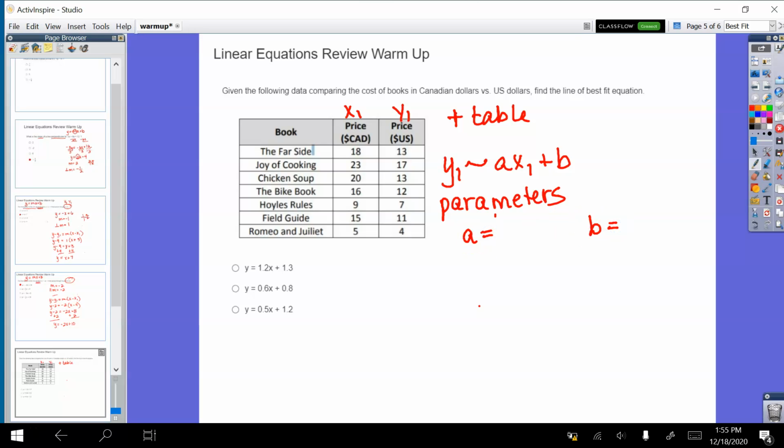We're going to round that to the nearest tenths place, and when we do that, we end up with a being 0.7 and b also being 0.7. So when we write the equation of the line, it's y is equal to 0.7x plus 0.7. It was there as your fourth option, 0.7x plus 0.7. So that would be our answer.